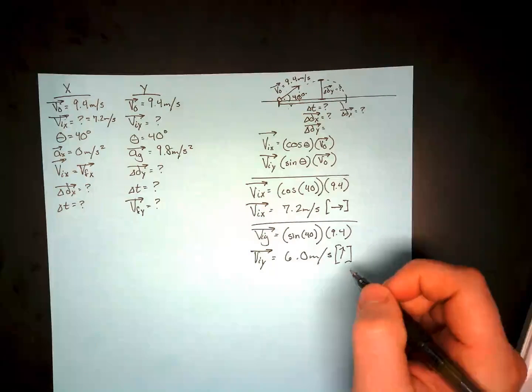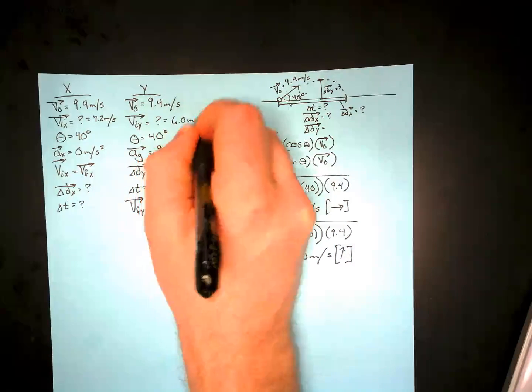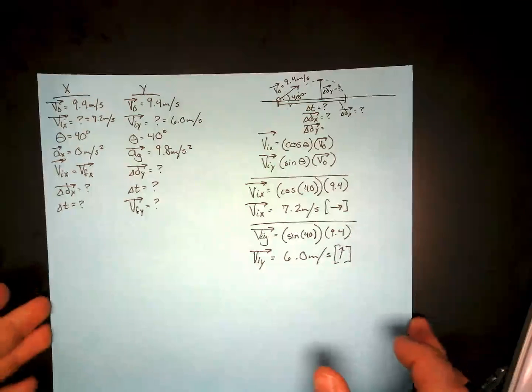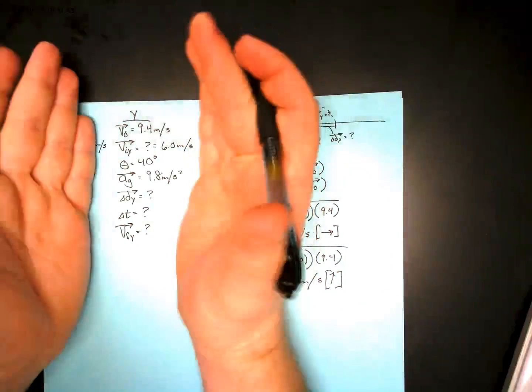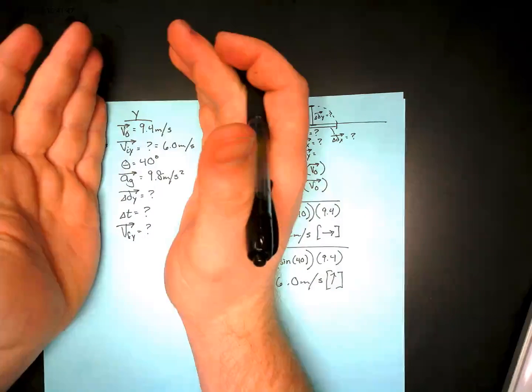And then we'll write that over here, 6.0 meters per second. Okay, so now we've got some numbers to work with. So the first question is going to be about time of flight. In order to find time of flight, because we have more information over here than we do here, we've got to focus in on our y.